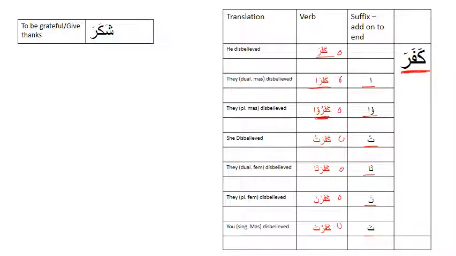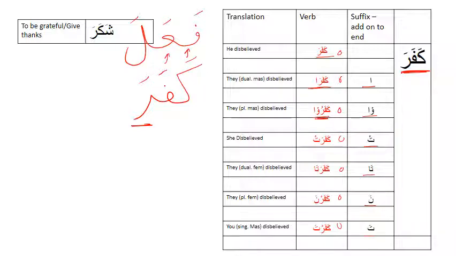Over here, let's write it, kafara. We make the lam letter, okay? Because remember, fa'ala, each letter corresponds to the template. Fa'ala, kafara. Kaf is the fa letter, fa is the ain letter, and ra is the lam letter.